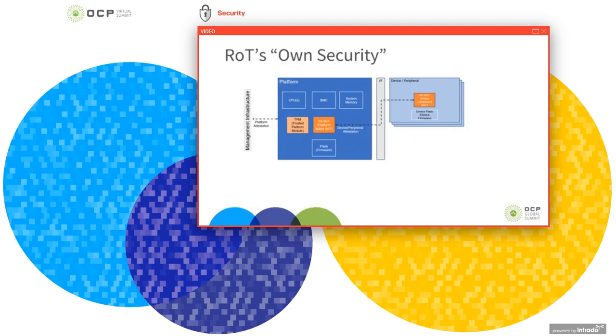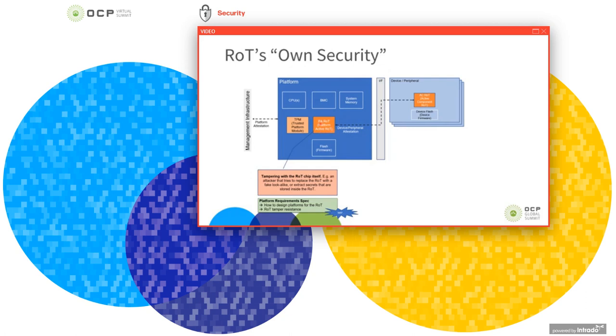Let's talk about the RoT itself and how we ensure that it is secure and that you can actually trust it. What makes the RoT trustworthy? There are two types of attacks, or threats, that we're worried about. One is that some malicious and usually very sophisticated attacker can try to tamper with the RoT chip itself.